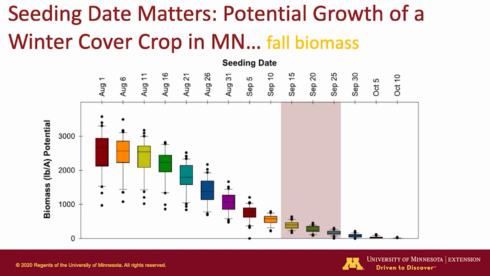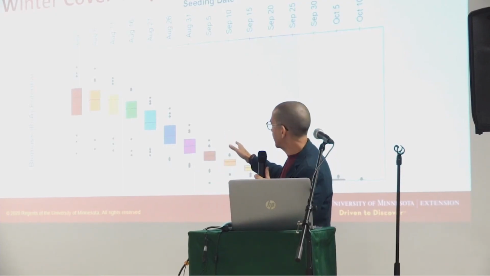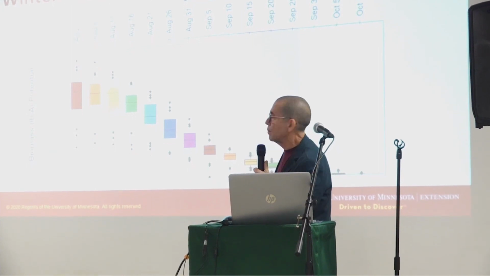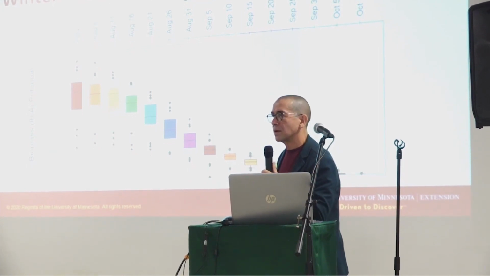So you see this variation in each one of those graphs. It means that, for example, if you plant cereal rye for conditions in Lamberton, in this case, the 1st of August, you can have, at the end of the season, that's fall biomass, as little as 1,000 or as much as close to 4,000 pounds of dry matter per acre, okay?